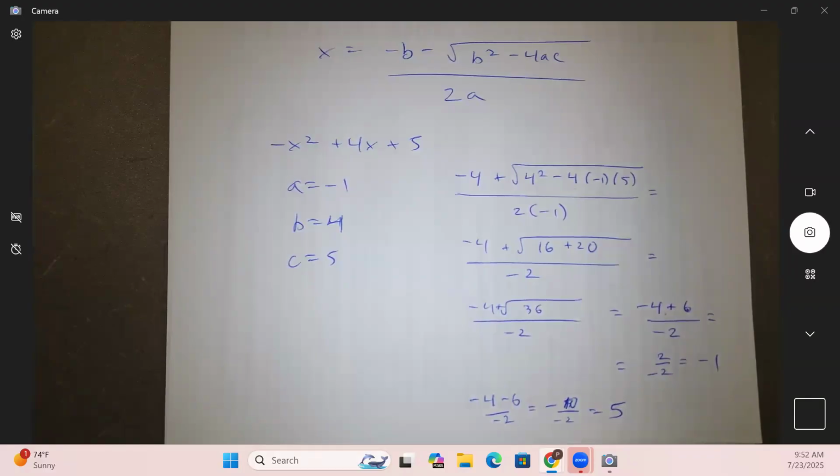okay. Now, let me ask you again, why do we bother with all of this with quadratic functions? Why do I bother factoring? Why do I bother finding x-intercepts and y-intercepts and vertices?